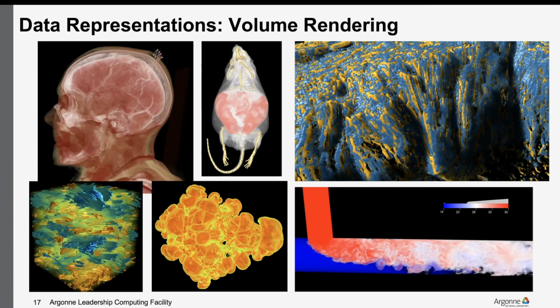Like I said, there's different algorithms for doing that, but there's a lot of tools now, VisIt and ParaView, that have some advanced capabilities with very performant volume rendering capabilities.